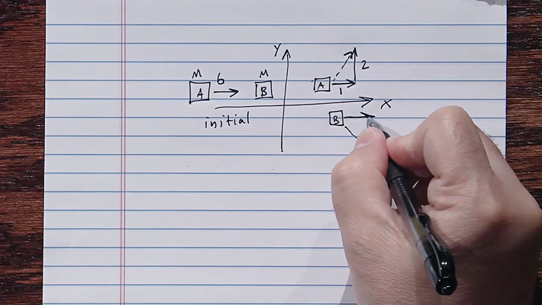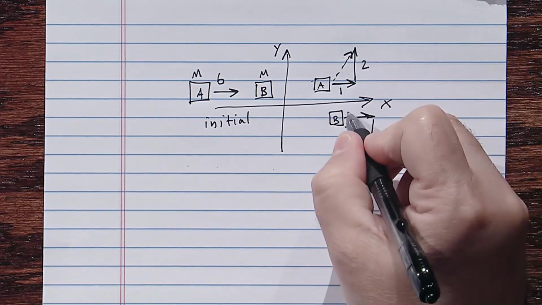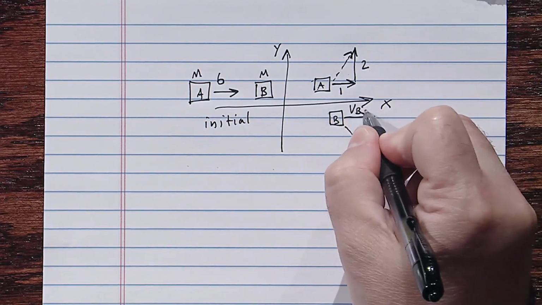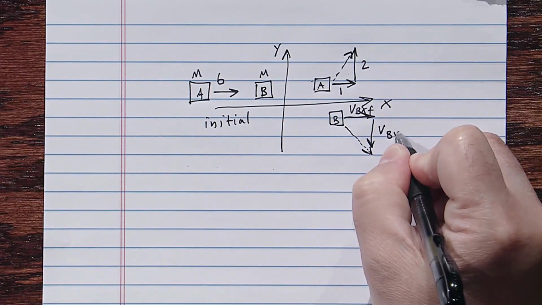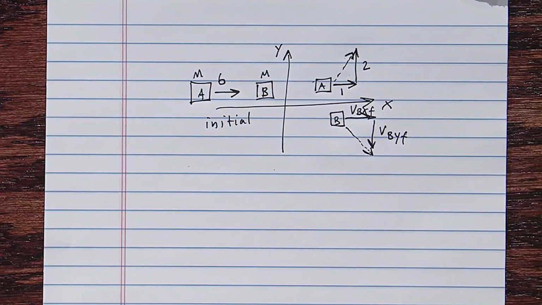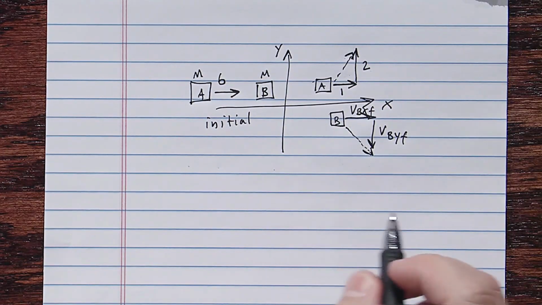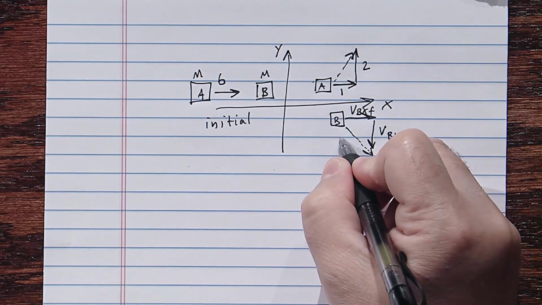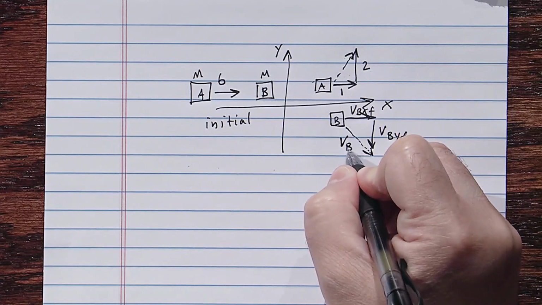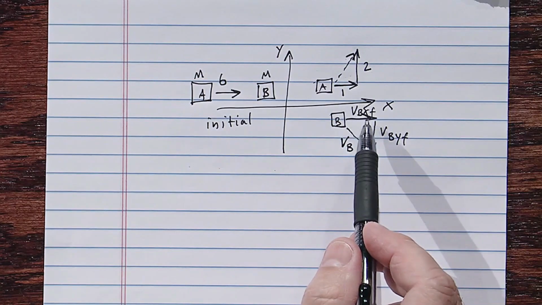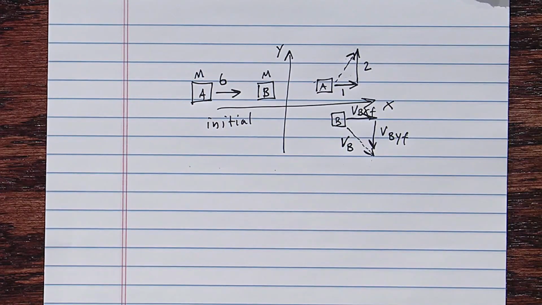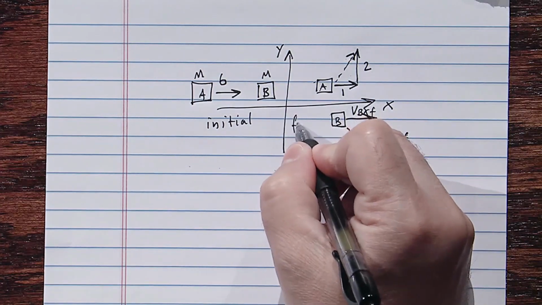And so it has components V_B_x final and V_B_y final. And what we're asked for is the magnitude V_B, which will be the hypotenuse, but we'll find that by finding V_B_x final and V_B_y final. And this is our final situation.